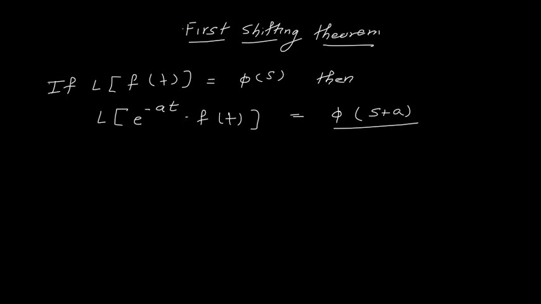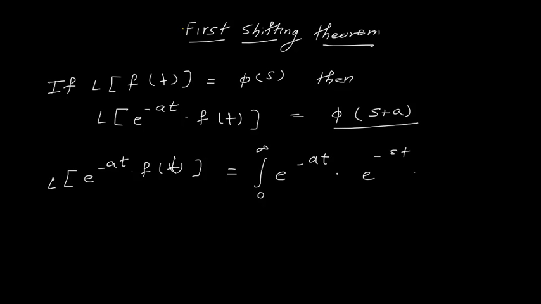Let us see its derivation first. So Laplace of e power minus at into f of t, this we can write as integral from 0 to infinity, using the formula, e power minus st into e power minus at into f of t into dt. Laplace of f of t is integral 0 to infinity e raised to minus st into f of t dt.